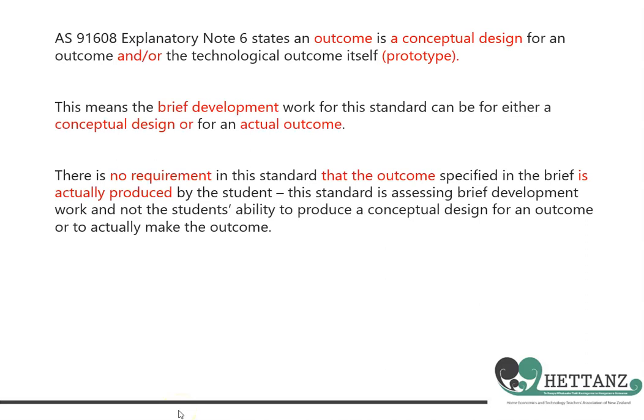Explanatory Note 6 explains that the brief development work for this standard can be for either a conceptual design and/or the outcome itself, but there's no requirement that the outcome specified in the brief is actually produced. Students may choose to go on and develop the conceptual design and/or the prototype later, but those are assessed against different standards.